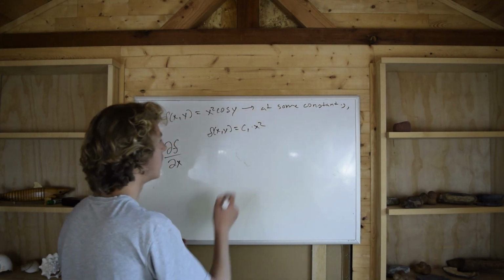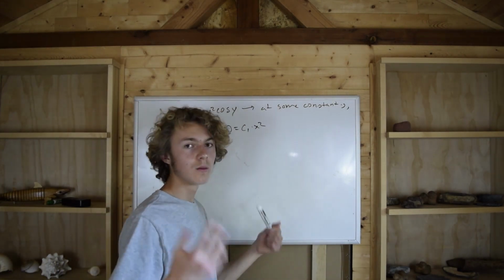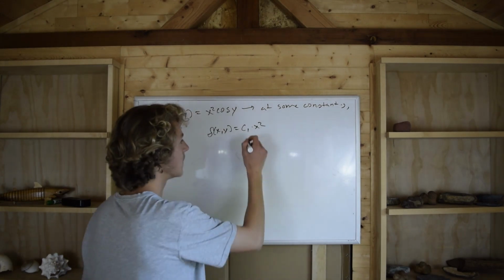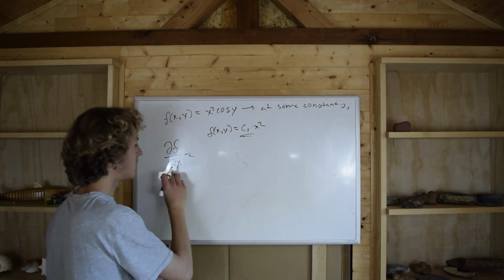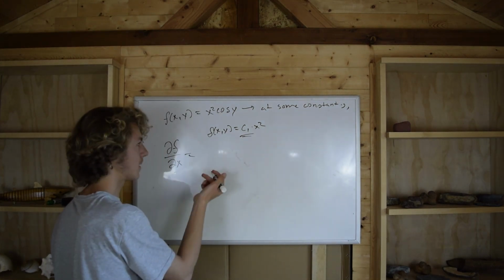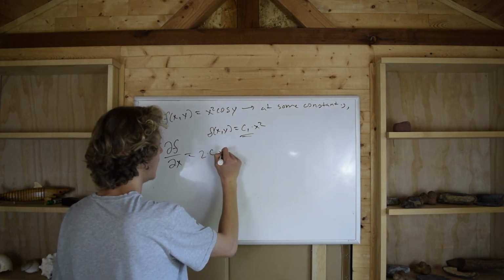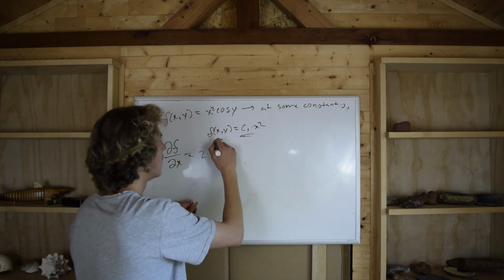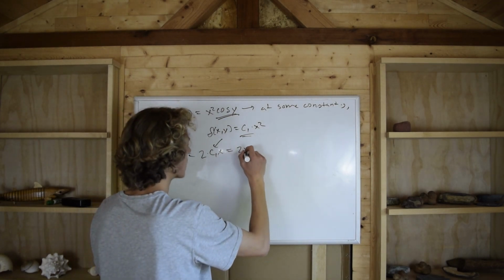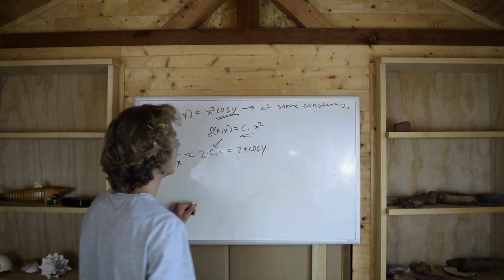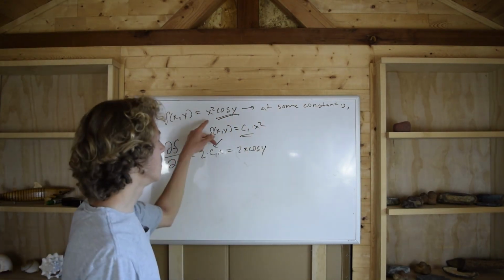Now if we differentiate a constant times the variable we're looking at, this constant stays the same. And so our partial derivative with respect to x would just be 2 times constant 1 times x. Well, in this case, constant 1 is just cosine y, so it would just be 2x cosine y. And because we don't know what our y is, it's just an arbitrary y, so it would just be cosine y.